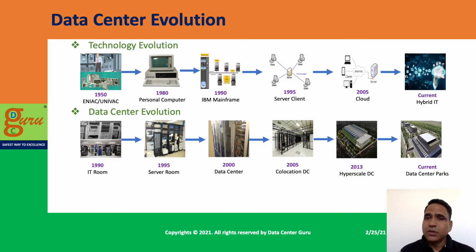And now we are talking about data center parks. On one campus, you are building a data center, but expansion becomes a limit at a certain point of time. So a data center park is a huge land mass where scalability is not a limit. You can scale up to 500 megawatts, even 1000 megawatt capacity in that area.